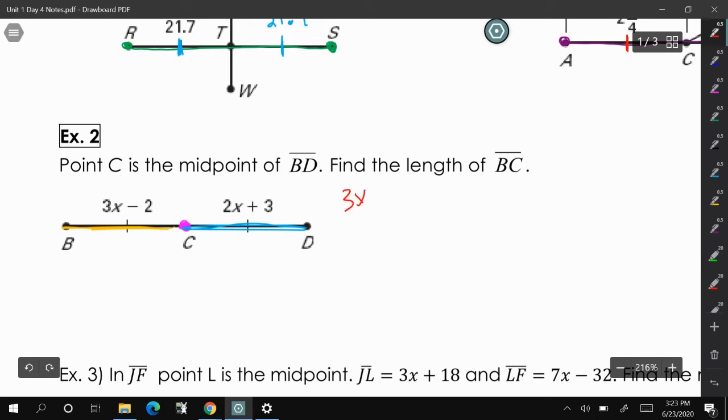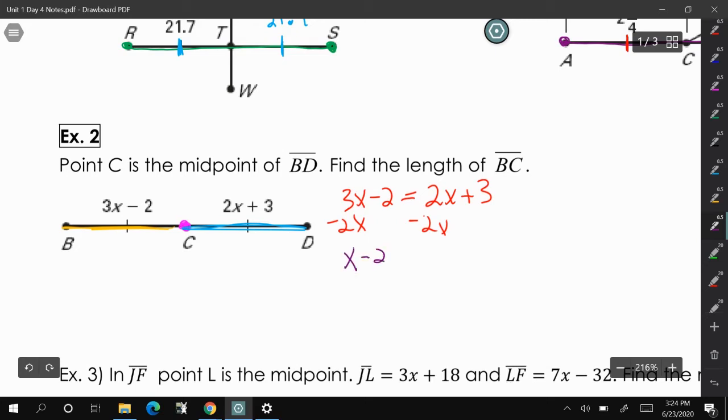So 3x minus 2 equals 2x plus 3. Okay, so then we're going to solve this. Subtract 2x from both sides. X minus 2 equals 3. Add 2. X is equal to 5.